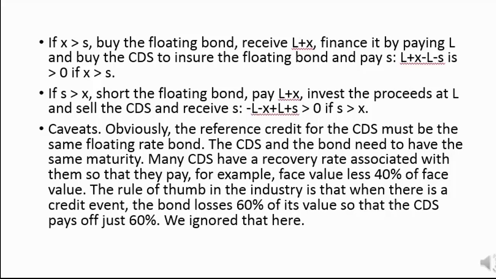And if the payment X is greater than S, then we should buy the credit default swap, pay that little amount S and get X. Now, if S, the spread on the credit default swap, is greater than X from that LIBOR amount, short the floating rate bond above, and when doing that, you're going to pay LIBOR plus X, invest the proceeds at LIBOR, sell the credit default swap, and receive the fixed payments of S. If that is the case, then you'll end up with an amount greater than 0 because the spread is greater than X. Therefore, if you reason it out, if there's no arbitrage available, X will equal S.